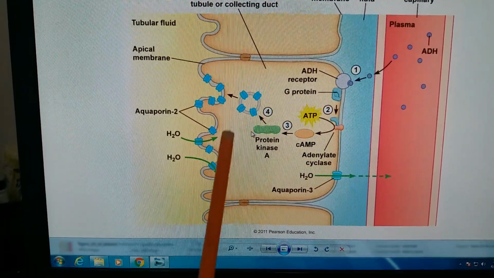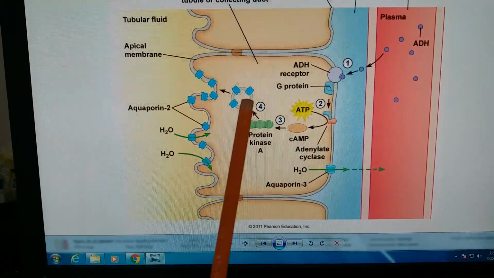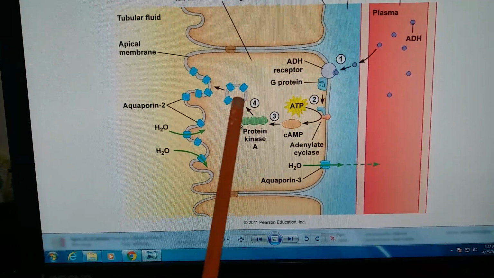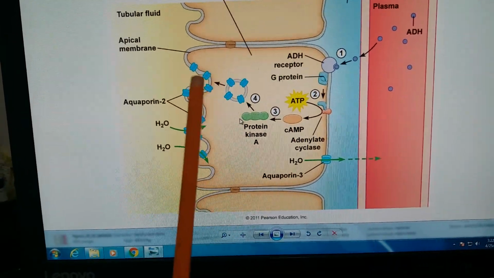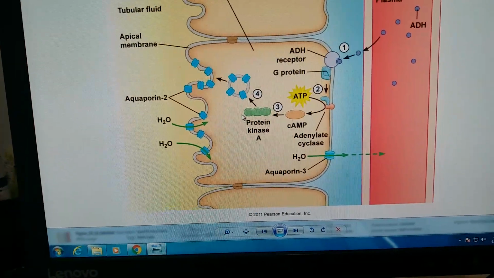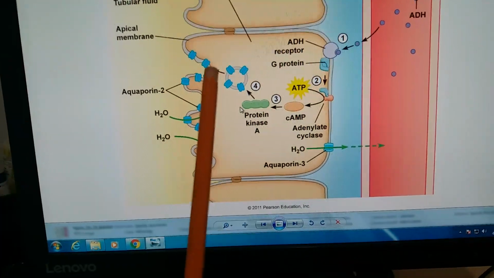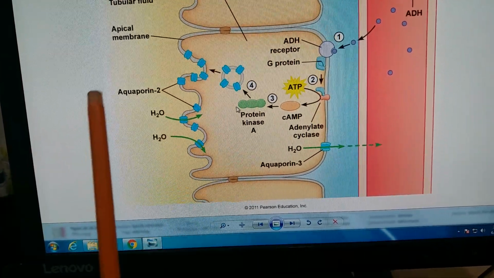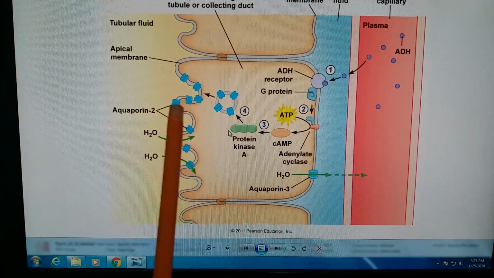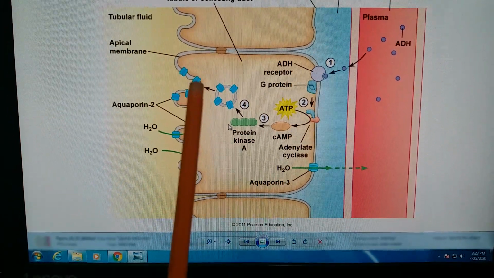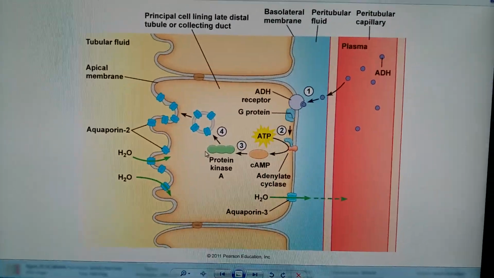What protein kinase A does is help in the movement of the vesicle towards the luminal membrane and the docking of the vesicle to the luminal membrane. After that, the vesicle gets exocytosed, resulting in the fixation of these aquaporin molecules. These are nothing but protein molecules with a channel inside.